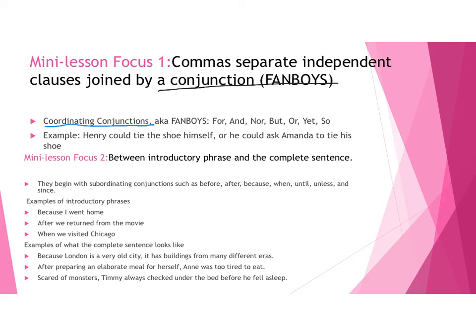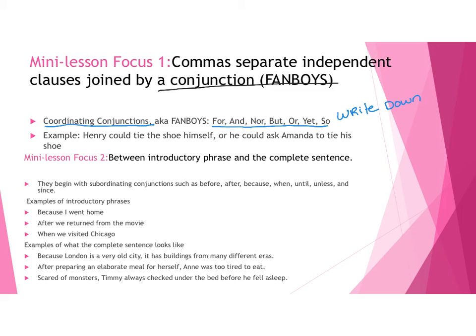These are the conjunctions for, and, nor, but, or, yet, and so. I want you to write these down in your notes because you're going to need them over and over and over again. And this way you can refer back to them instead of trying to remember, oh, what were they again from the first lesson. You can easily refer back to them.